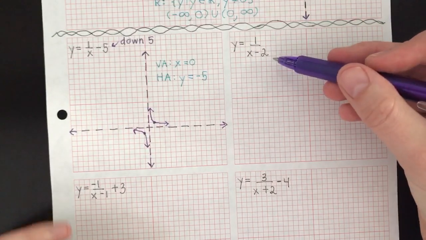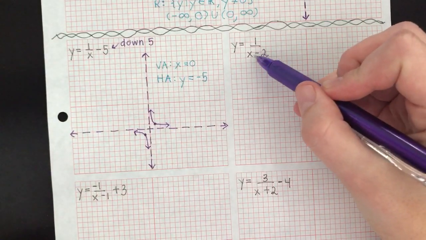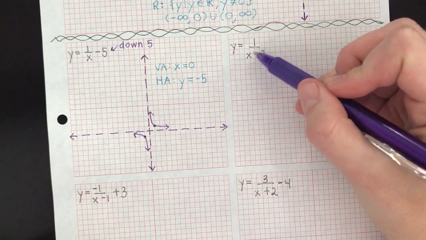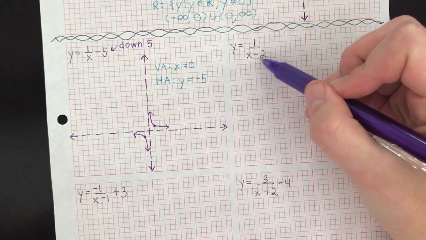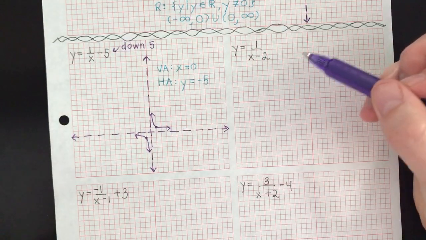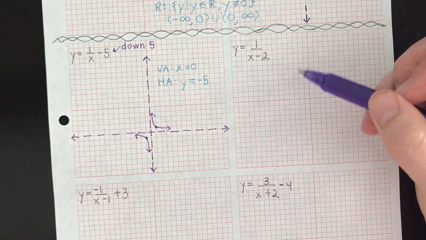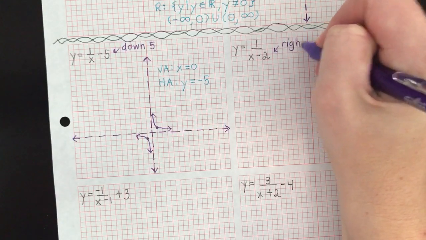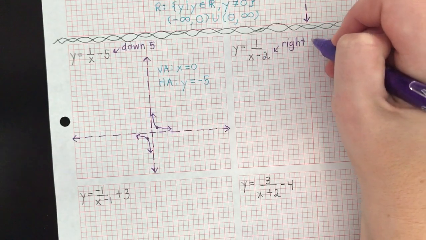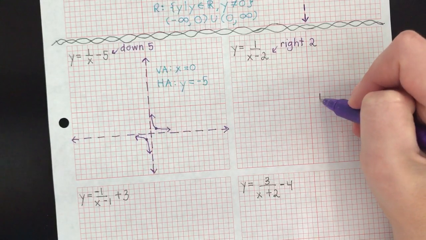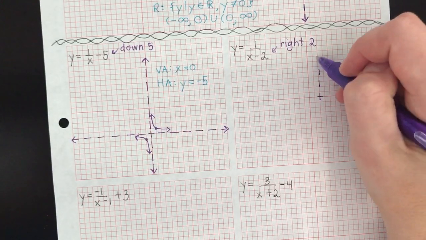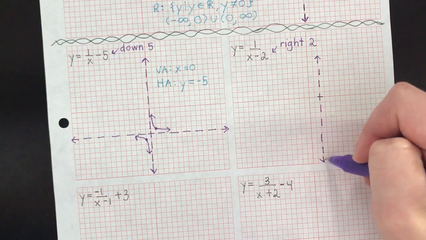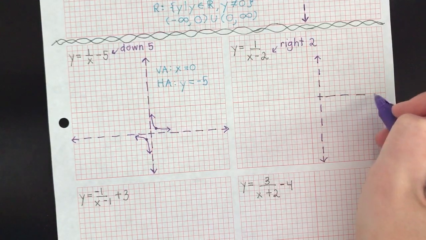So let's talk about shifts on this one. That -2 is inside the fraction with the x. So remember, inside the function with the x is going to be your horizontal movement. So that graph shifts right, as you might imagine, it's opposite of intuition, right 2. So I'm going to move my origin right 2, and like I said before, right away you want to draw those asymptotes.